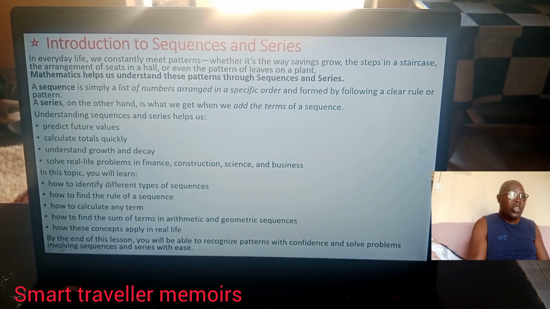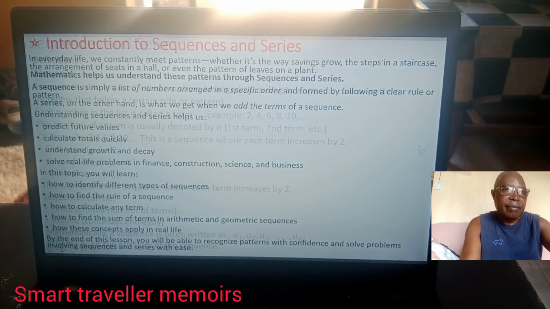In this topic, you learn how to identify different types of sequences, how to find the rule of a sequence, how to calculate any term, how to find the sum of terms in the arithmetic and geometric sequences, and how these concepts apply in real life. By the end of this lesson, you will be able to recognize patterns with confidence and solve problems involving sequences and series with ease.